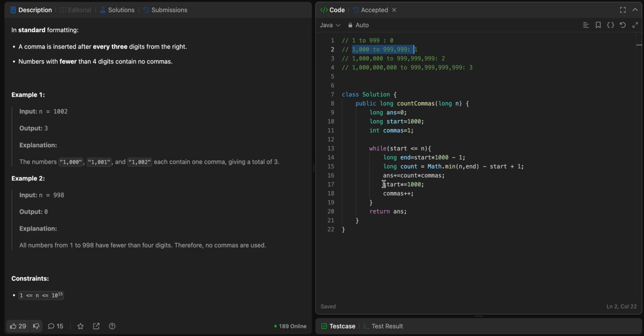After this we are increasing our start. We set a new start by multiplying by 1000, and for this range the comma count is 2, so we also increase the comma count by 1.